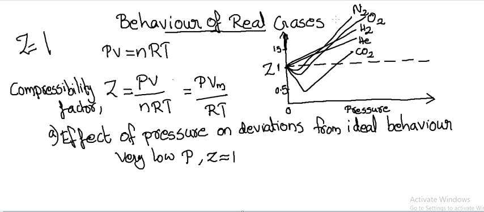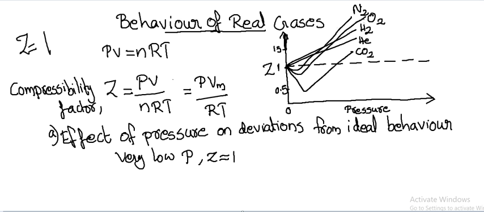So, if Z value is less than 1, each of the gases becomes more compressible than an ideal gas, whereas if Z value is greater than 1, each of them becomes less compressible than an ideal gas.